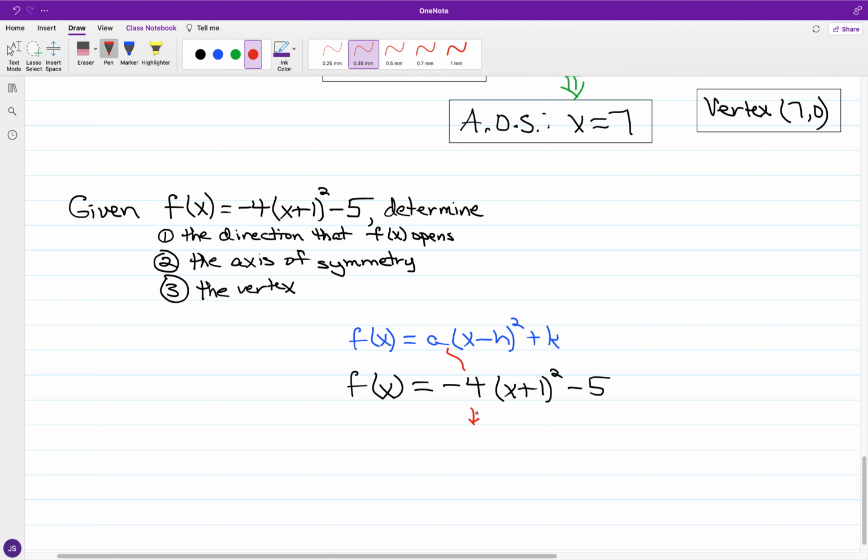So you want to have that a is equal to -4. And with a being negative, this means that the graph is going to be opening downward.